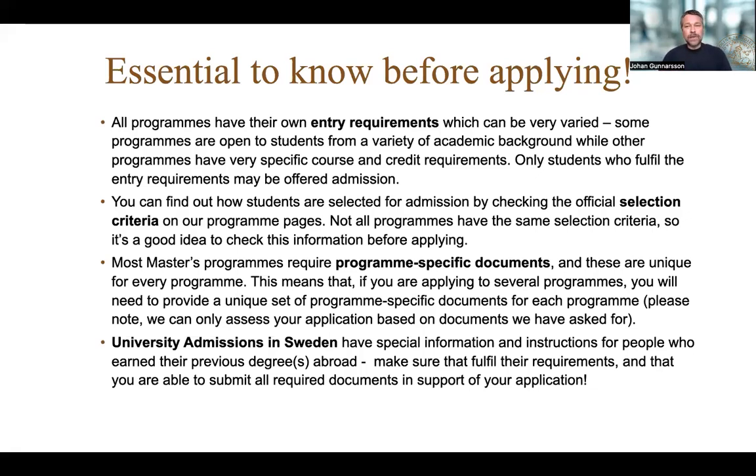For example, the so-called statement of purpose, and maybe you have reference letters, or your English language proficiency, and so on. So many different things can be important here, and you can check the selection criteria to find out exactly how they admit students to this particular program that you're interested in.